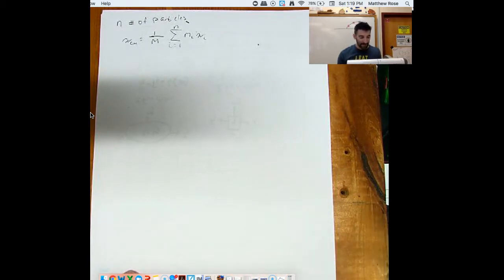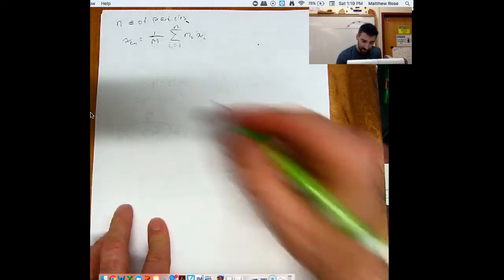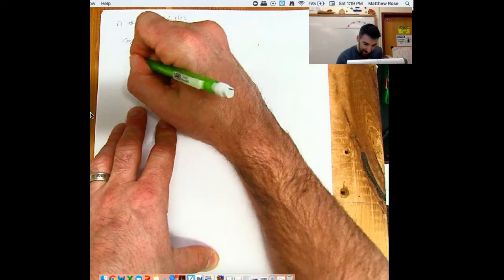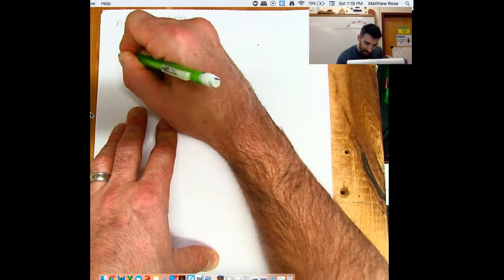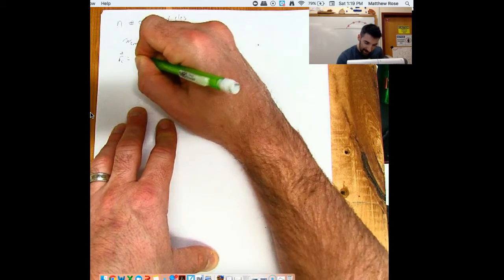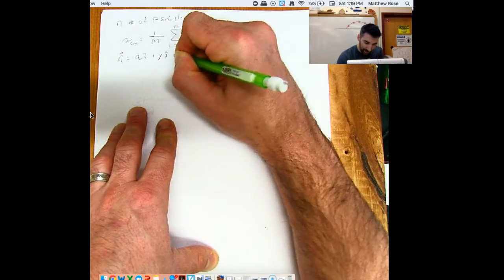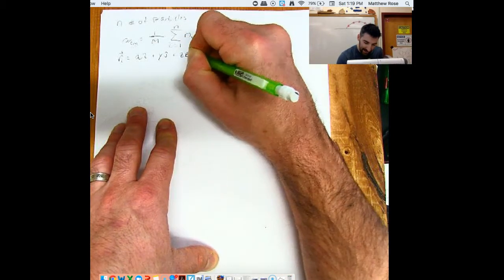But we can also put it into a vector form. I know we love vector form. So if I had a general form, let's remember that vector r could be x in the i hat plus y in the j hat plus z in the k hat.